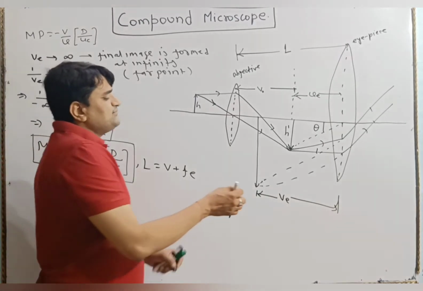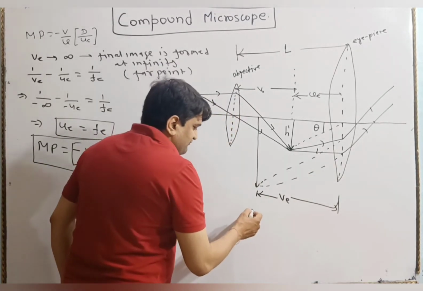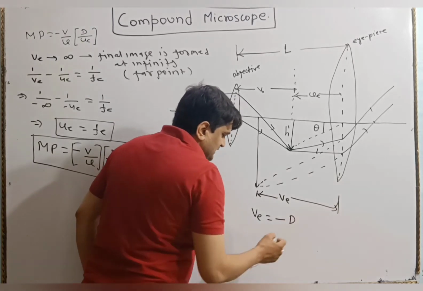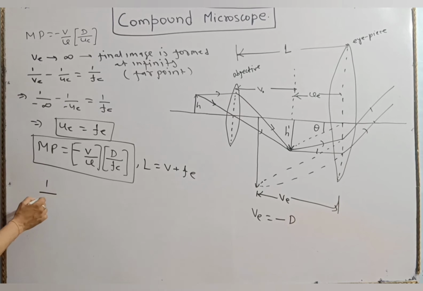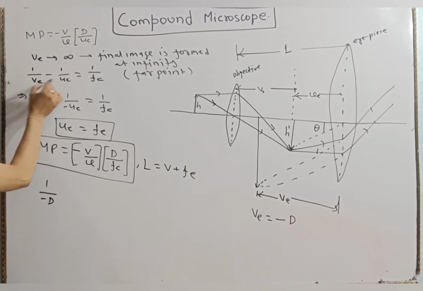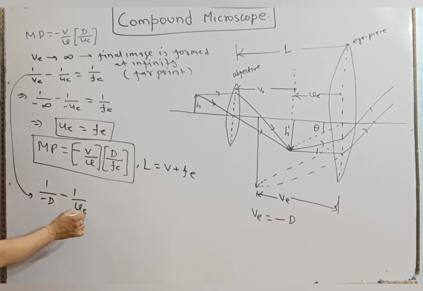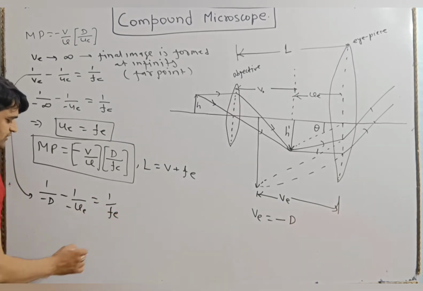And when the final image is formed at the least distance of distinct vision, like if the final image VE is formed at minus D, I am using the same formula, and it becomes minus 1 upon D minus of minus 1 upon UE equal to 1 upon FE.